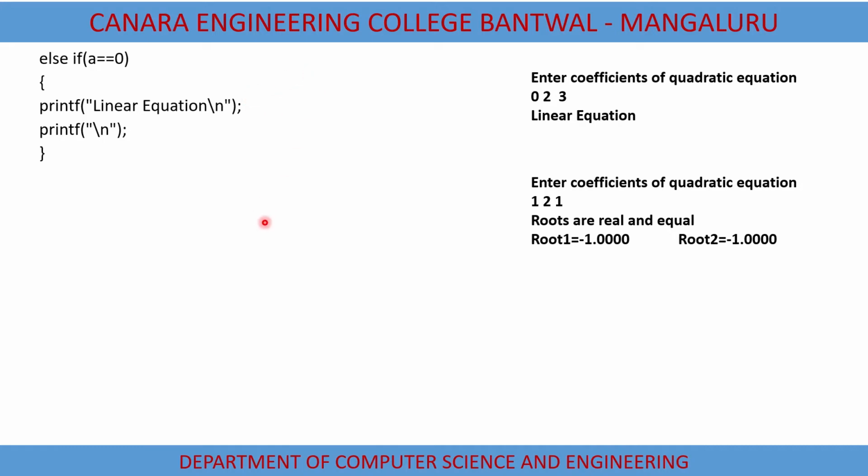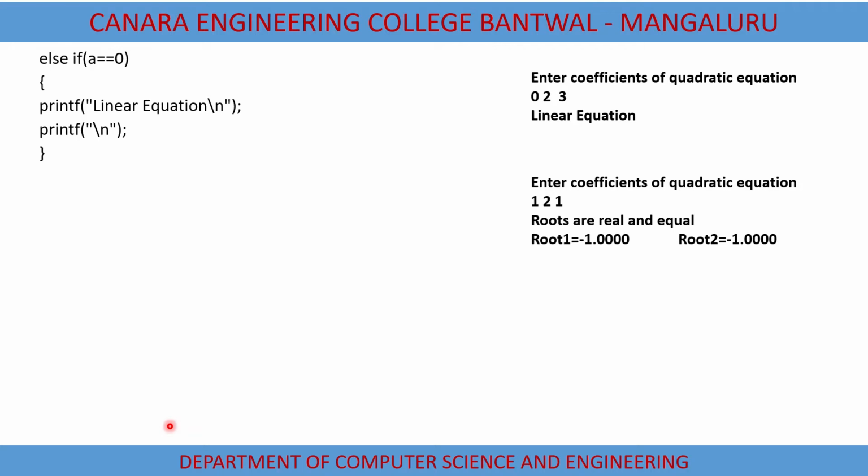So this condition goes wrong, or it is false. It goes to the next part and checks whether A is equal to 0. In this case, the first value is 0. So it displays a message as linear equation, gives a new line, and goes to the end of the program.